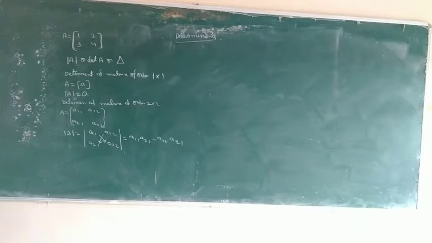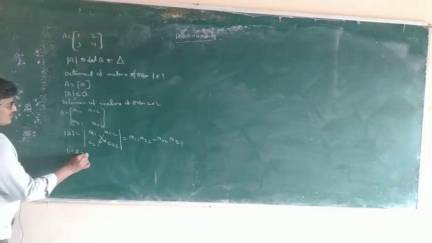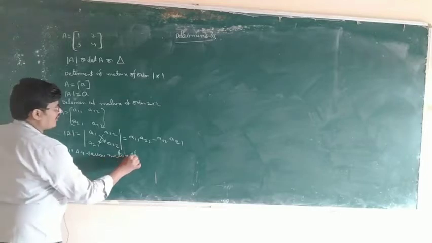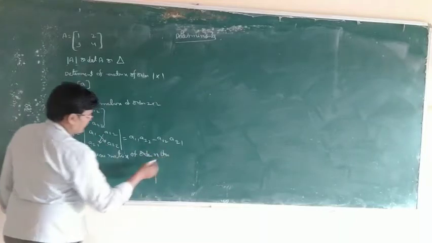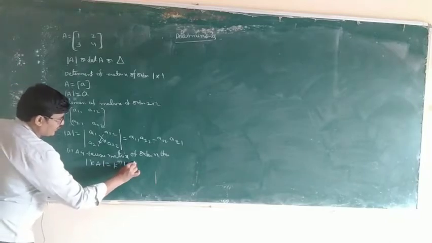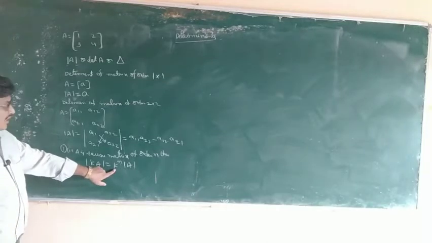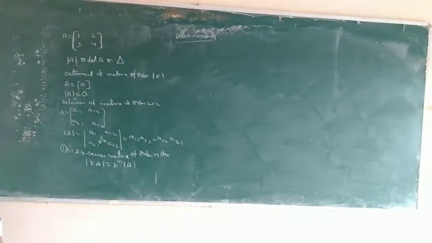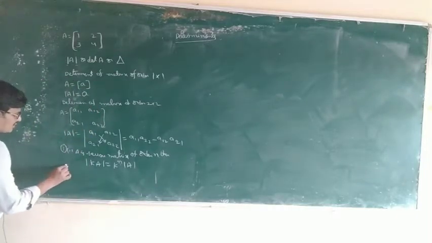First formula: if A is a square matrix of order n, then the determinant of k times A is equal to k to the power n times det A. Very important point: here k is a constant and n is the order of the matrix.